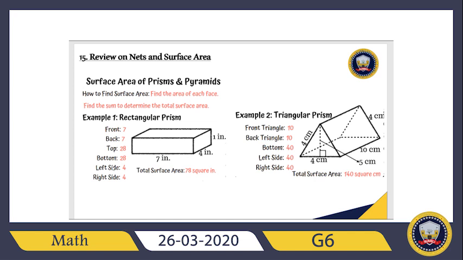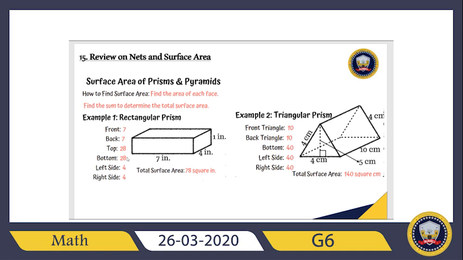Now what is the area of the left side and right side? This is the right side, and the left side is from behind here. We cannot see it. They are the same, so they have the same area. So the area of one of them is 4 times 1, length times width, because this is a rectangle. So this is 4 inches squared for the right side, and the same thing, 4 inches squared for the left side.